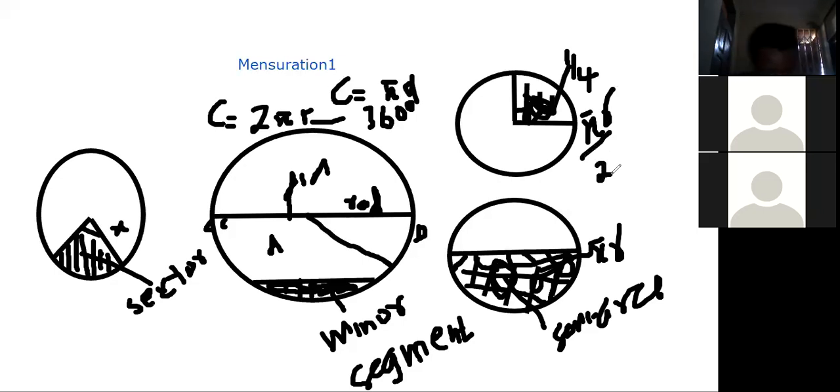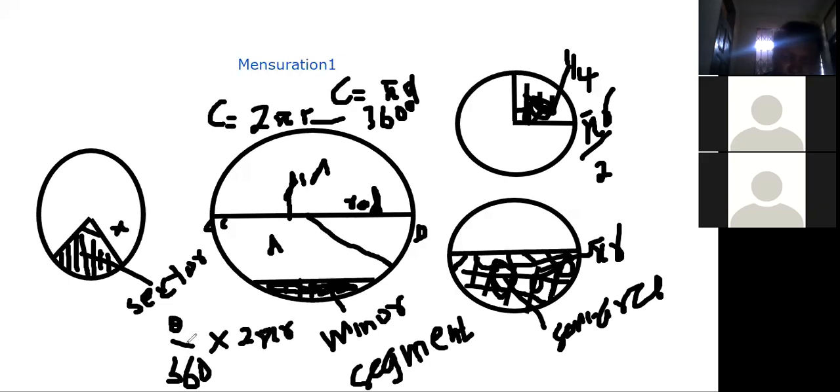Are we good to go? Okay. So if we want to calculate for this angle, theta, the angle here, this is maybe the length of the minor arc. So this is theta all over 360 times the circumference, which is 2 pi r.